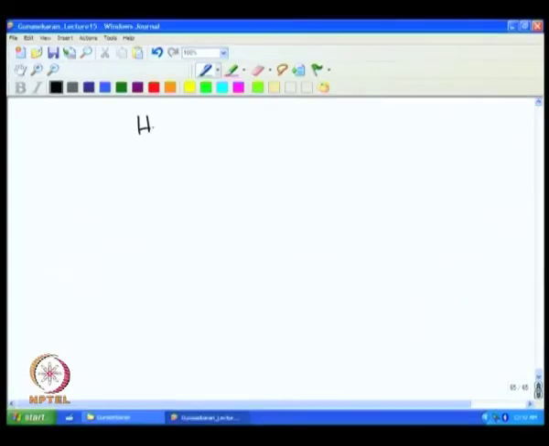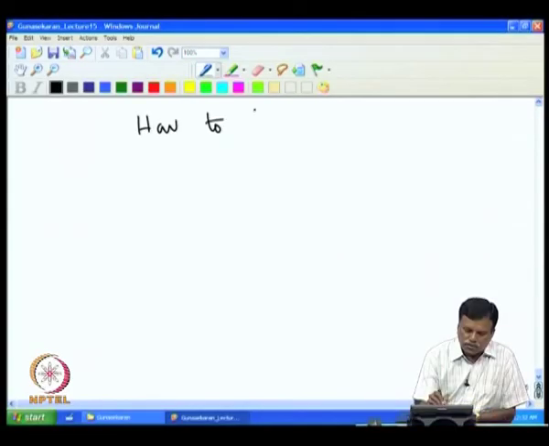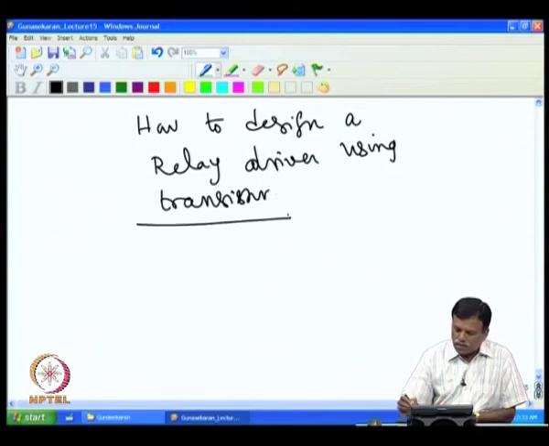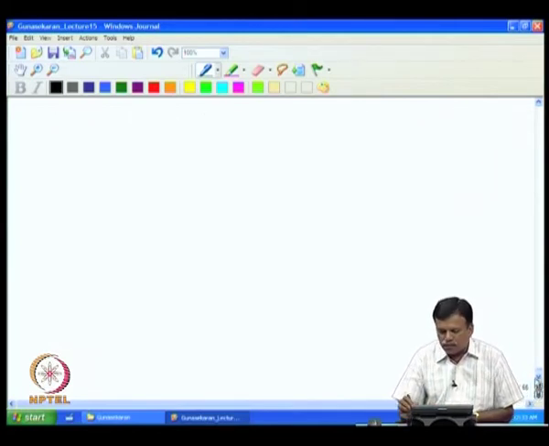So, how to design a relay driver using a transistor. The circuit that we are thinking of is like this.